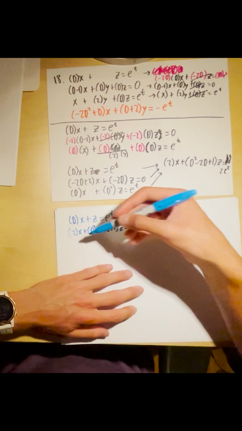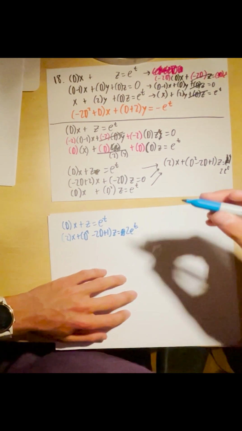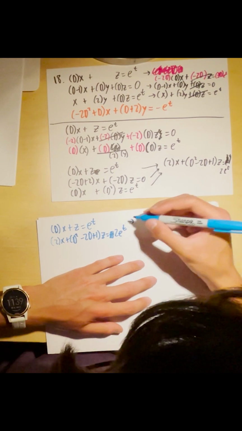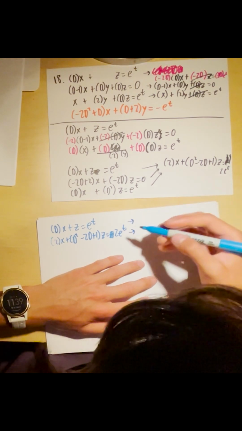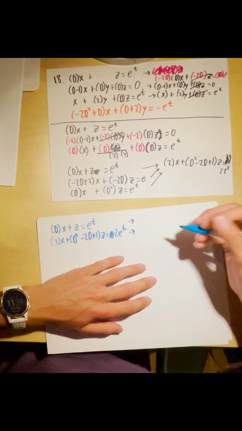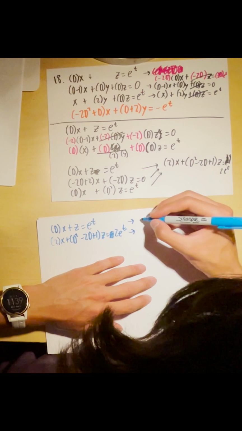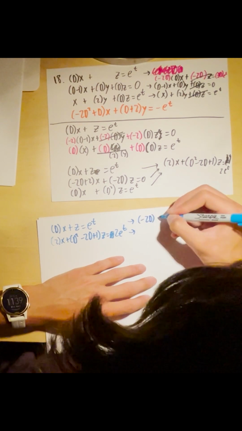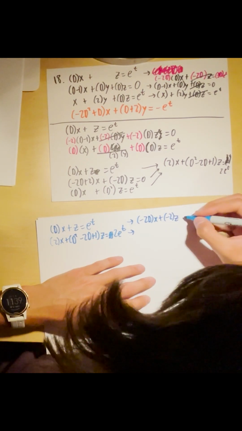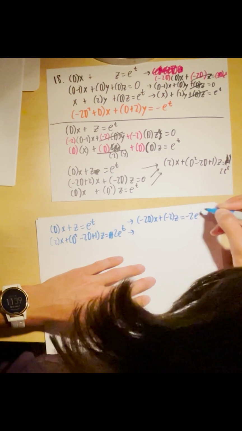I want to eliminate x, so I'm going to multiply the top through by negative 2 and the bottom through by d, and that will eliminate everything in front of the x. And I'm going to just write this as negative 2dx plus negative 2z equals negative 2e to the t.